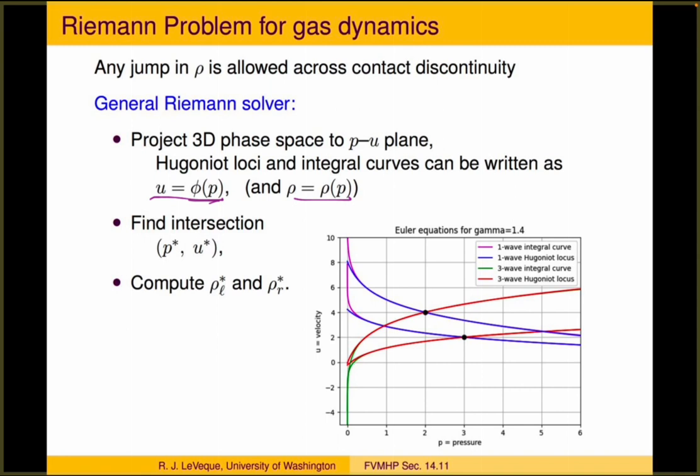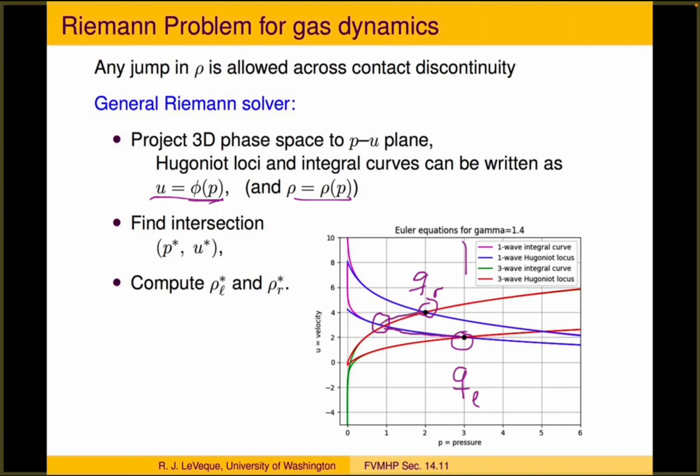So there are really four different curves that come into play: the one-wave integral curve and one-wave Hugoniot locus, but also the three-wave integral curve and the three-wave Hugoniot locus. If we have a particular state Q left, and this other state up here is QR, the idea is to find in this PU plane the appropriate curves so that we can connect QL through a one-wave to some state QM, and then connect QM through a two-wave to QR.